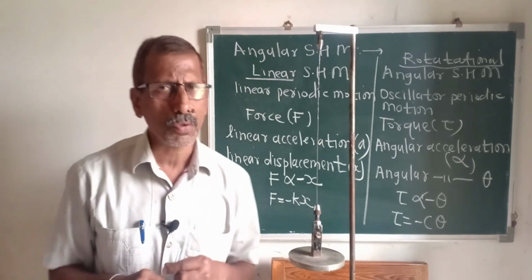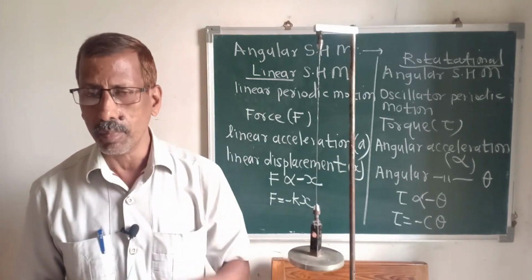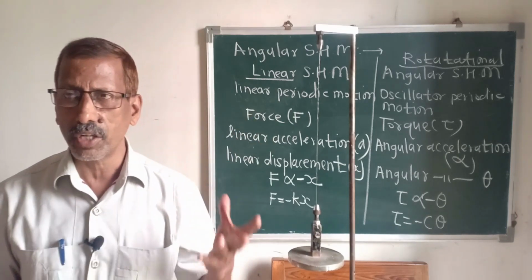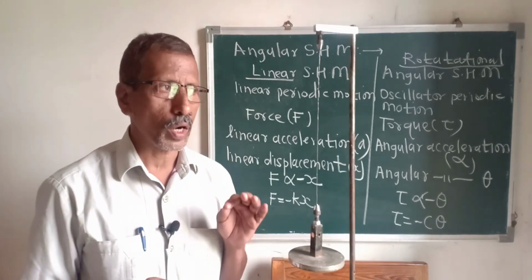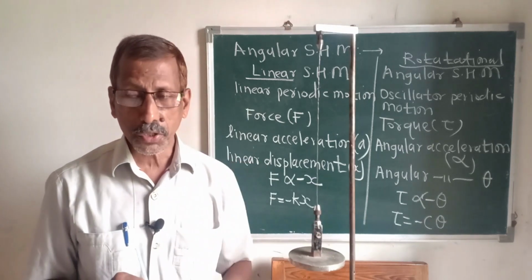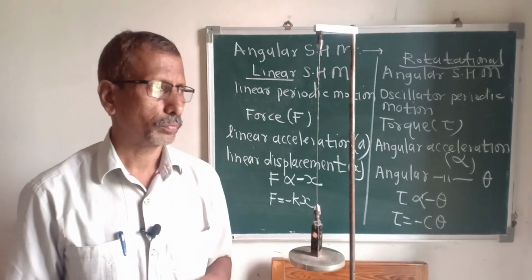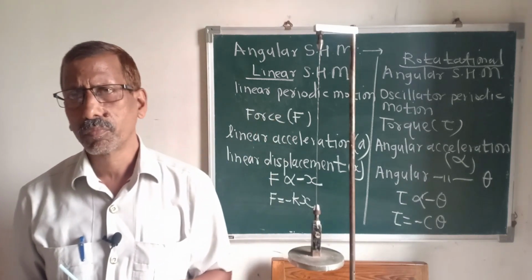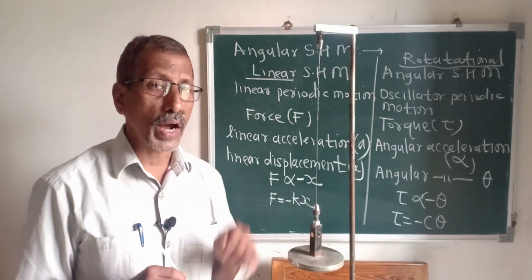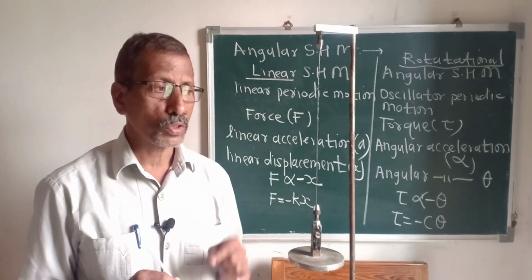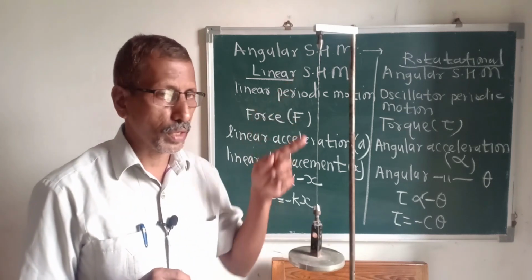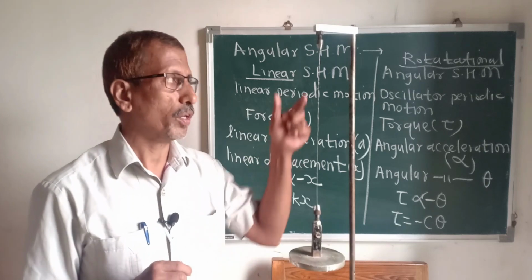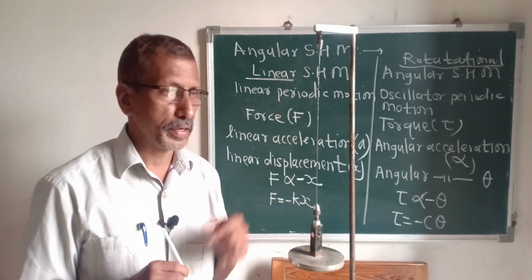Such an arrangement is called a torsional pendulum, and the oscillations it performs are called torsional oscillations. By using this torsional pendulum, we can find the modulus of rigidity of the metal wire. This is an application of the torsional pendulum.